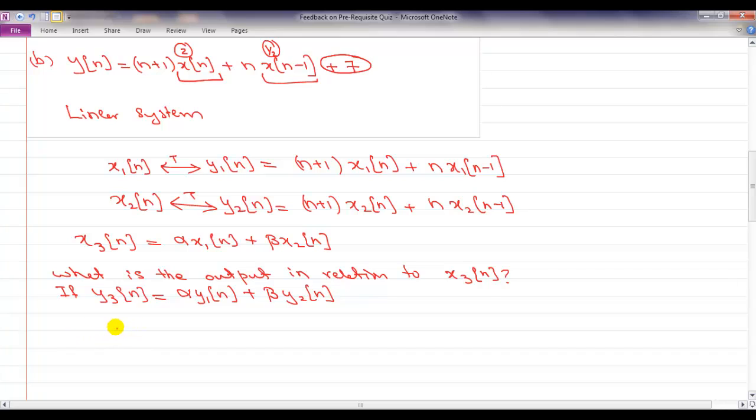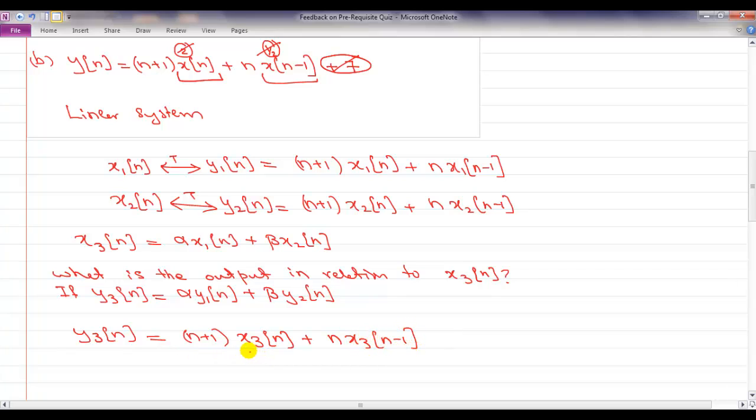So we can check that. We simply replace in the input-output expression that is given here, y[n] equal to (n+1) x[n] + n x[n-1]. Remember, these are just, I did those for example. So I do that, I get y3[n] equals (n+1) x3[n] plus n x3[n-1].